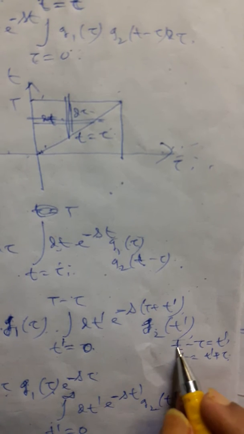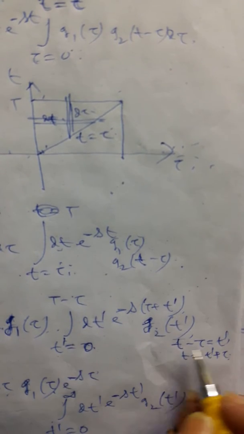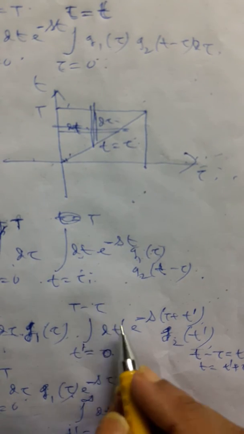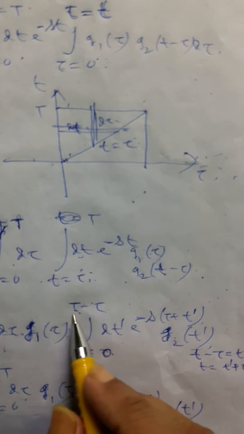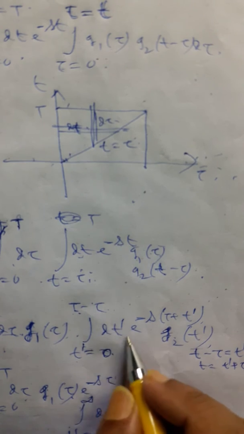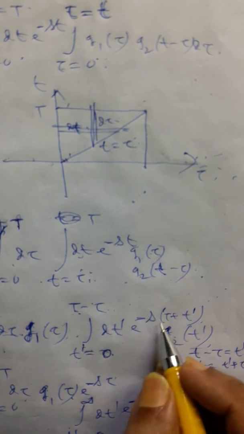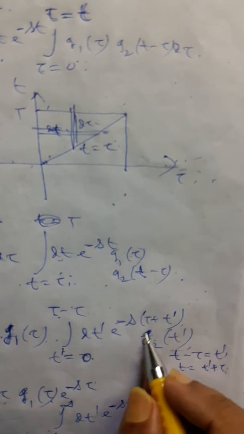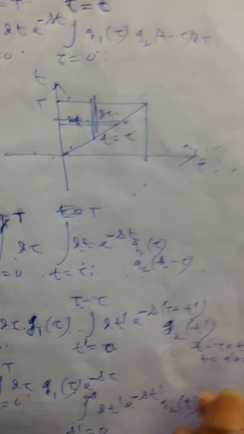If t = tau, then t' = 0, and if t = capital T, then t' = T - tau. So the upper limit of the inner integral is T - tau, dt' e^(-s) with t replaced by t' + tau, and g2(t').